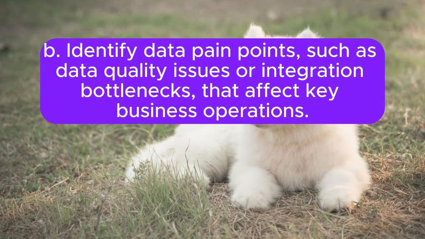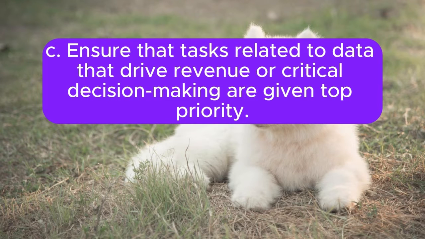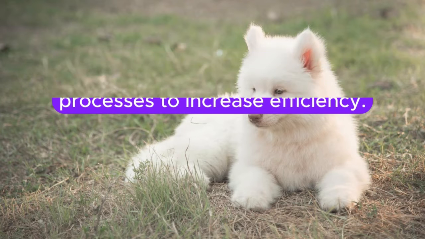B. Identify data pain points, such as data quality issues or integration bottlenecks that affect key business operations. C. Ensure that tasks related to data that drive revenue or critical decision-making are given top priority. D. Leverage automation tools for data quality and governance processes to increase efficiency.